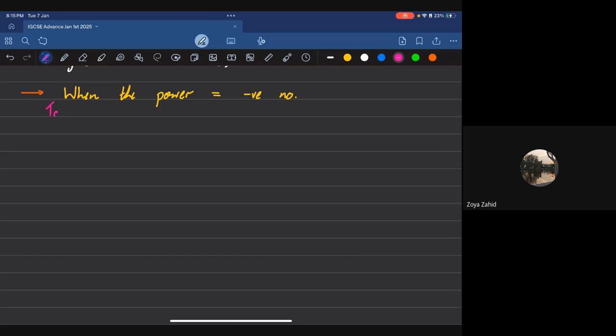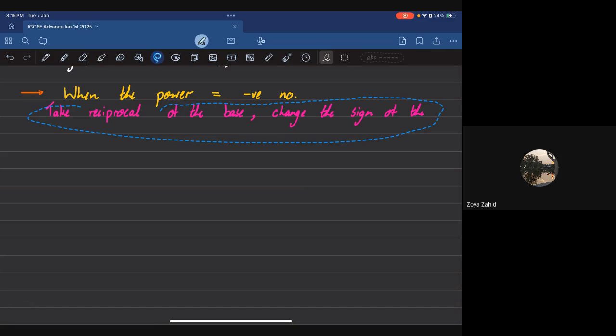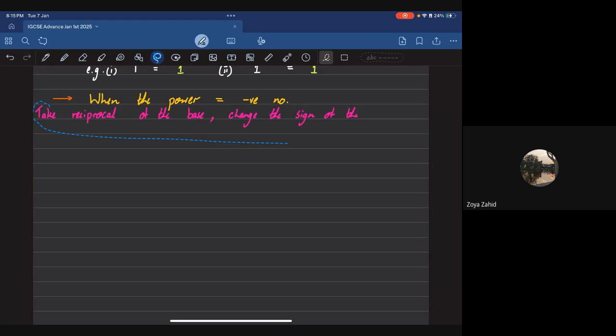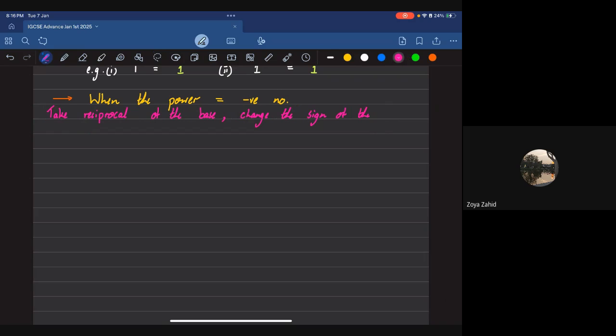First of all, when the power is equal to a negative number, you want to take the reciprocal of the base and change the sign of the power.